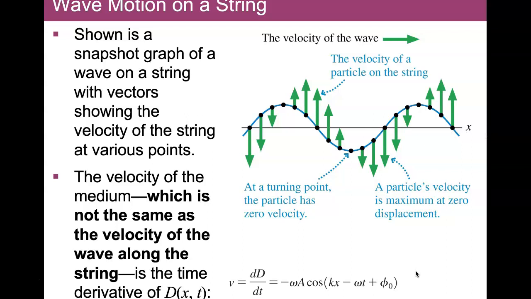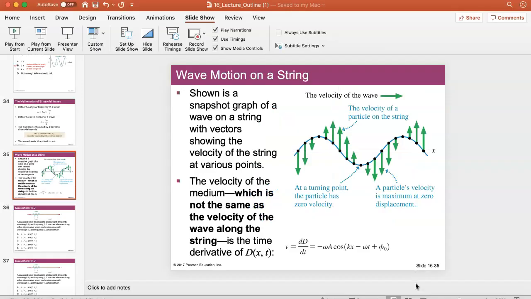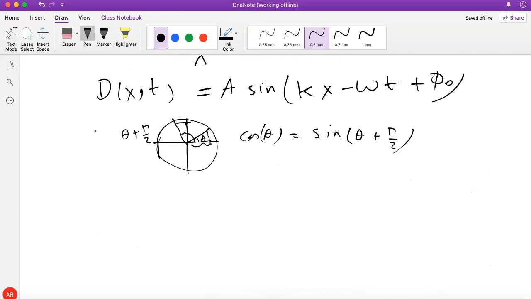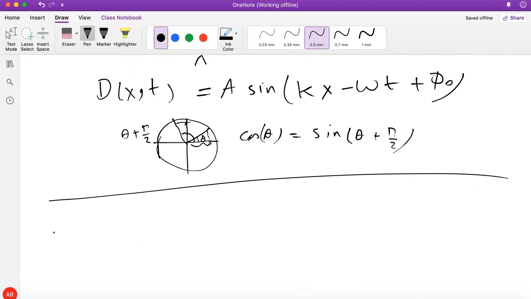So to get the velocity of physical pieces of the string, we just take the derivative of this general displacement as a function of position and time with respect to time, where we fix x, right?